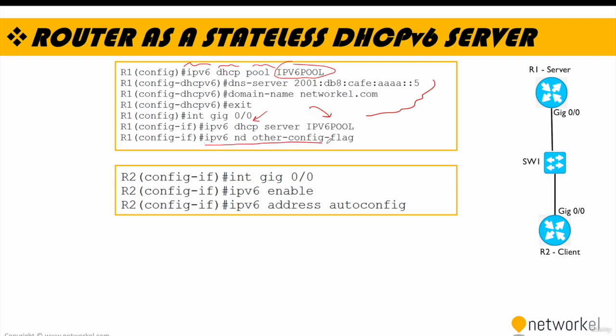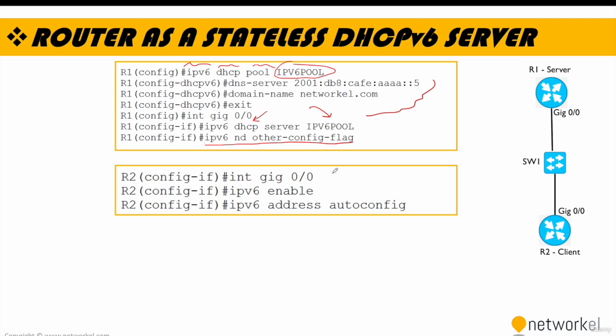and there is another configuration in here, IP version 6 ND other config flag, that is required as it will inform clients through router advertisement messages that they have to use DHCP version 6 to receive extra information like the domain name and DNS server after they used autoconfiguration.